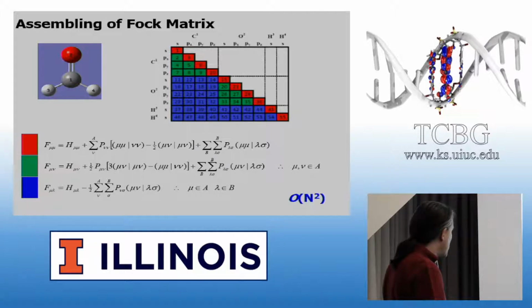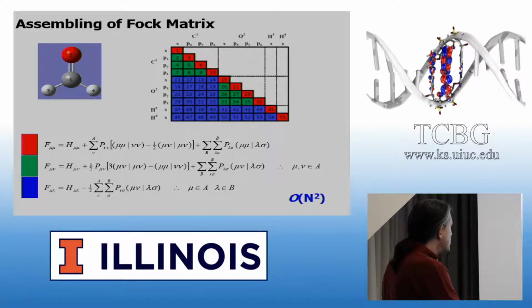You have the core Hamiltonian here, and this part is the one-center elements, and this part is the two-center elements. You need to consider the atomic orbital centered on one specific atom, and the atomic orbital centered on another specific atom.